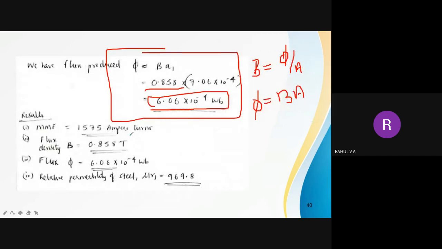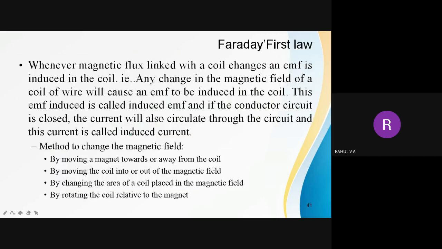Okay, now let us discuss Faraday's laws and Lenz's law. What is Faraday's first law? This we have studied during your 10th or plus 2.